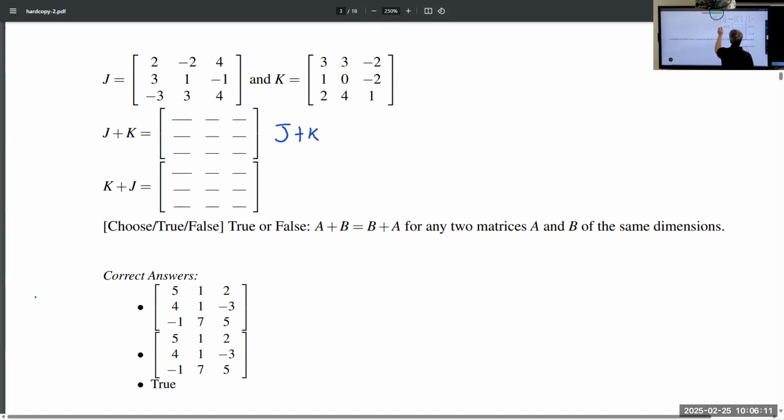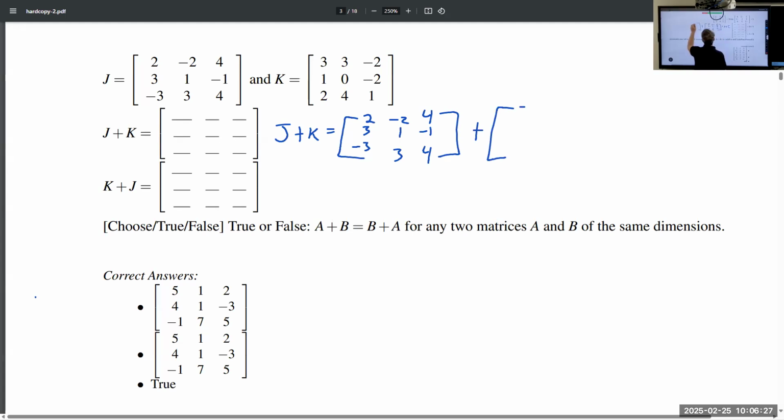J plus K is [2, 3, -3; -2, 1, 3; 4, -1, 4] plus [3, 1, 2; 3, 0, 4; -2, -2, 1].